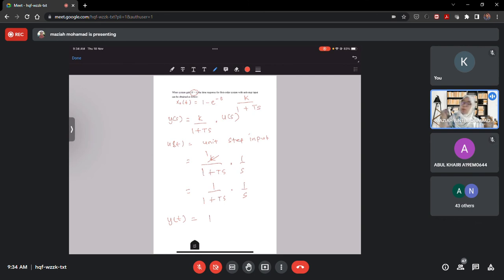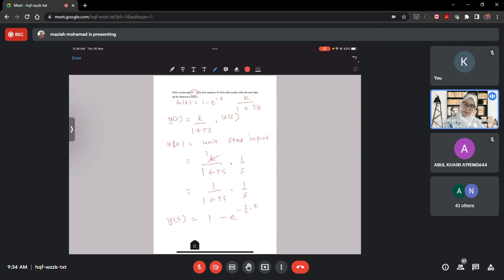You will do the partial fraction, all the steps there, but believe me, it will give you the same result: 1 minus exponent negative 1 over T times t.